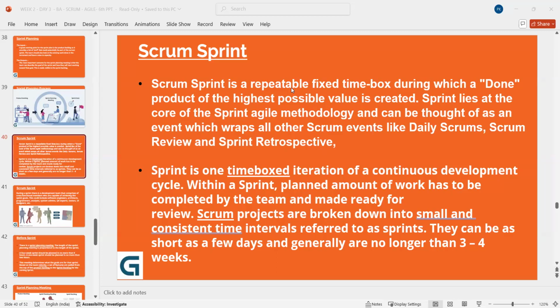In this duration of development time, you have the daily scrum, where every day you come up and you stand. By the way, daily scrums are also called stand-up meetings for the obvious reason that everybody stands in that meeting, nobody sits. We will come to that in upcoming sessions. It's very interesting and very, very effective.